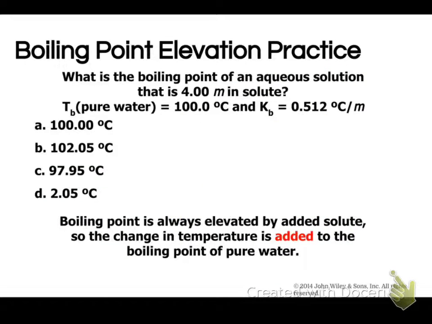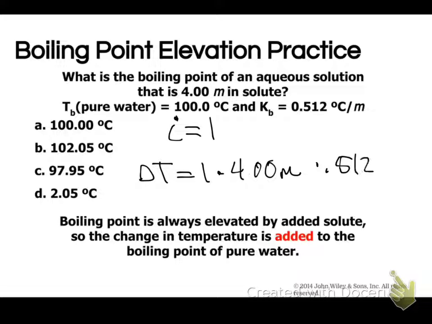Okay. So another example, what is the boiling point of an aqueous solution that is 4 molality? And they give us the boiling point and the Kb. So we're going to assume that the i value is 1. They don't give us what the substance is, but if it wasn't 1, then they would tell us. So we could just go delta T equals 1 times 4 times 0.512.